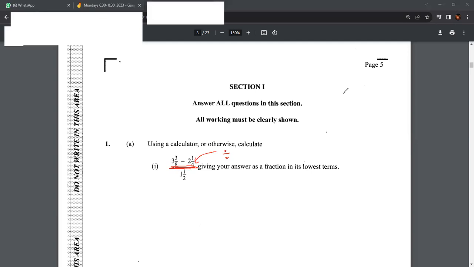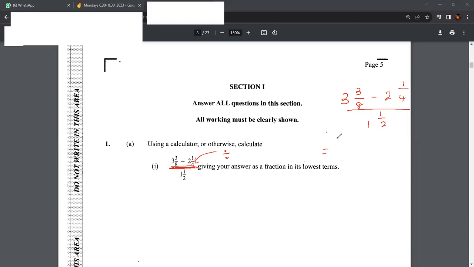So what you want to do is you copy your question into your answer booklet. In this case, it's your notebook. Make sure that you copy it as is so that you don't make a mistake.